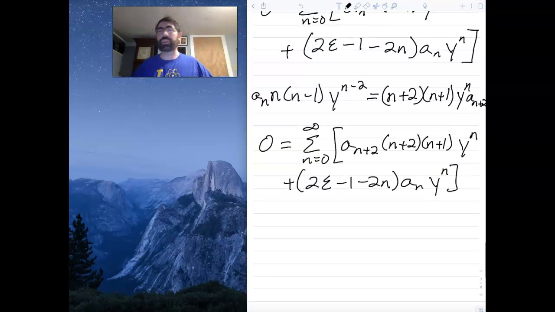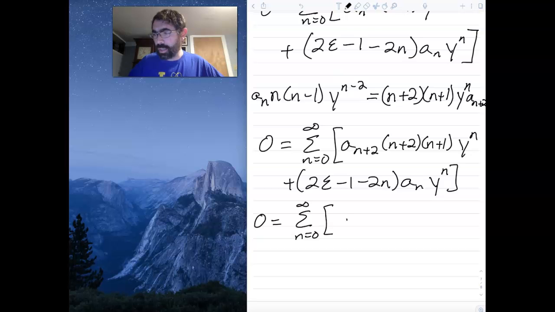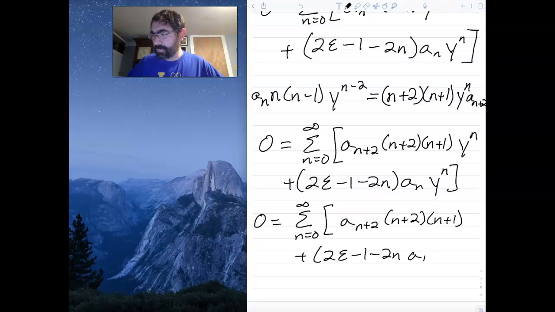So now I can factor out the y to the n. And by doing that, I can look at this and say the only way that this is going to be 0 is if the thing in the square brackets is equal to 0.